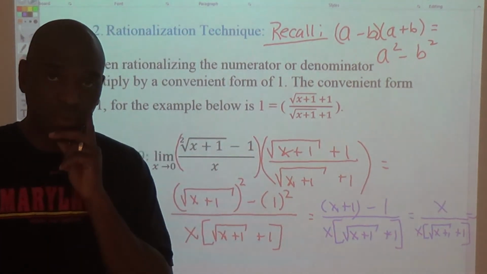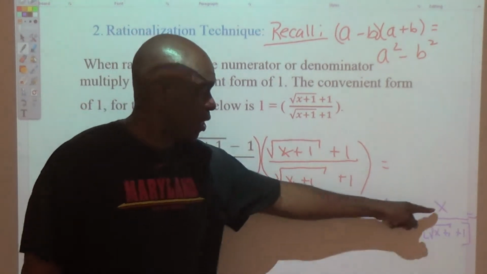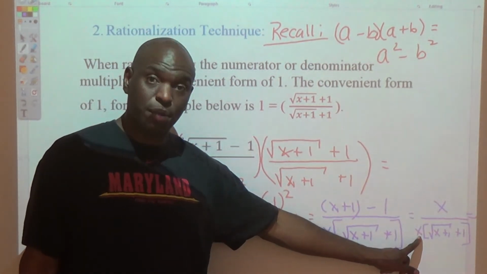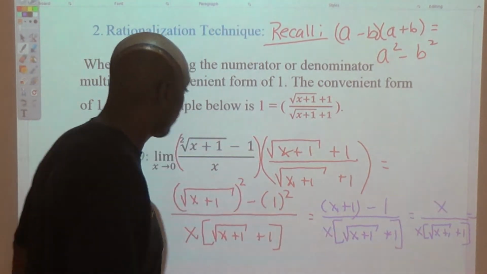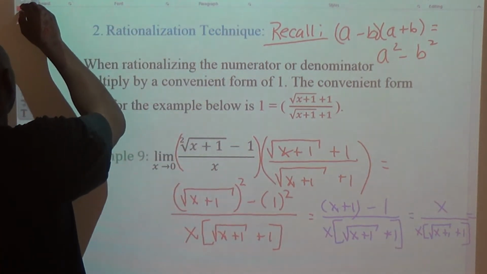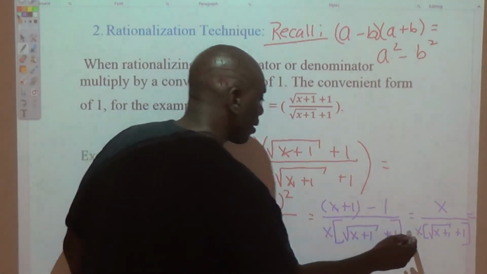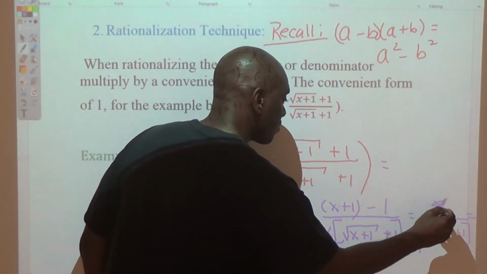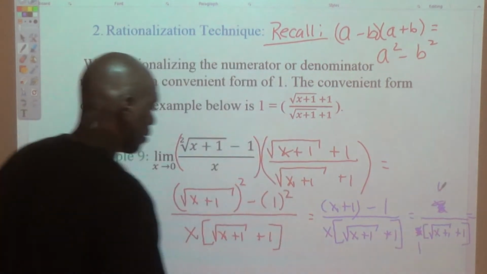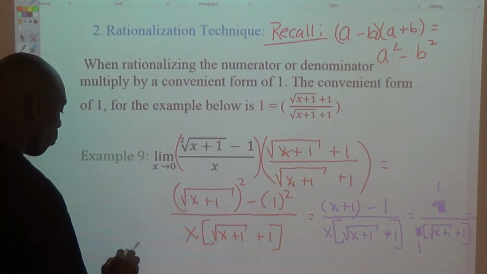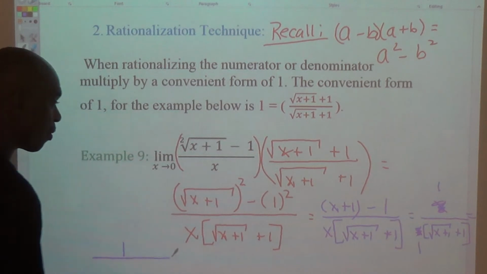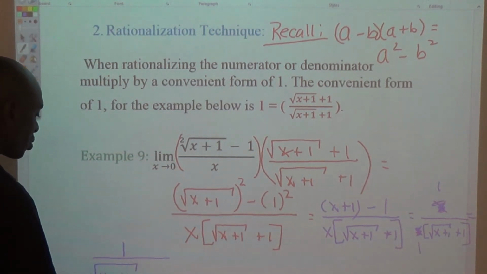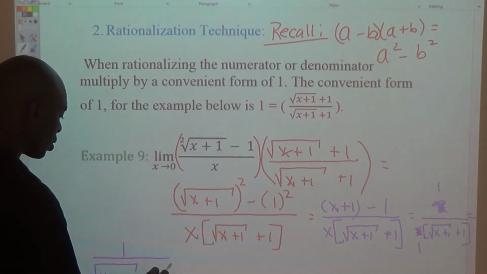What else cancels out? Oh, I have an x in my numerator and a lonely x out here in my denominator. The x's cancel out. And so this x here goes to 1, and this x here goes to 1. So I'm going to have now 1 over the square root of x plus 1 plus 1.